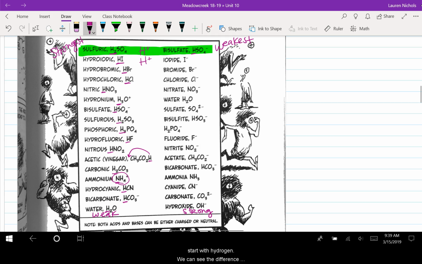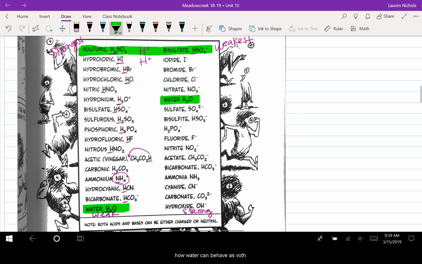We can see the difference between all of the acids and their partners is they're exactly the same, but one has H+ and one is missing a hydrogen. So the acids have an extra hydrogen compared to the bases. And another thing that you might notice is that water is listed as both an acid and a base.